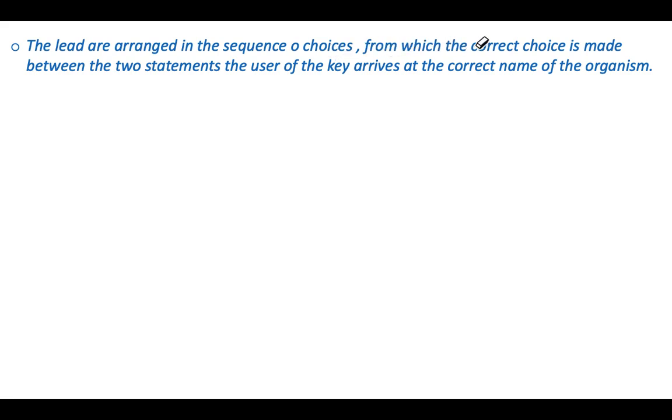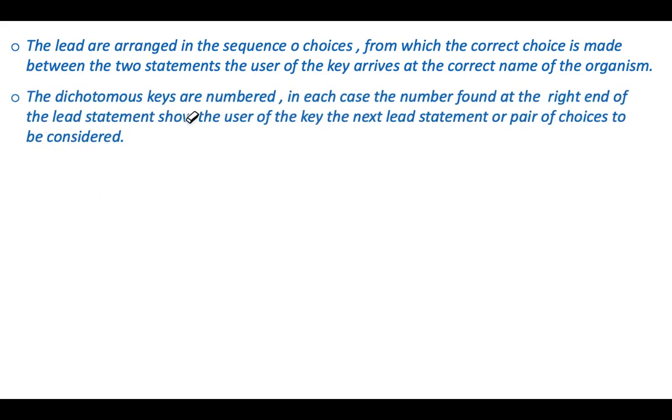Between the two statements, the user of the key arrives at the correct name of an organism. So you will be presented with something like a sequence, and from that sequence you come to the actual name of an organism, looking at the actual features the organism is showing. I'll show you in the question.